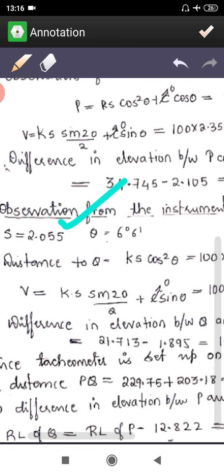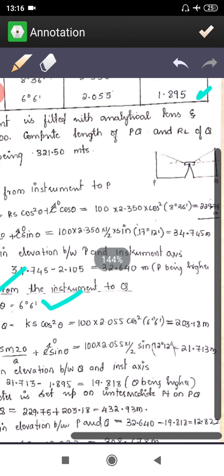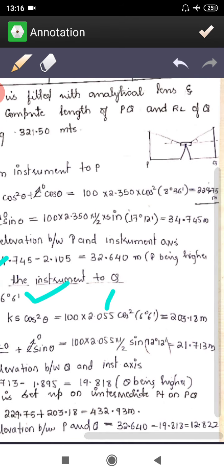S is 2.055 and theta is 6 degrees 6 minutes. So you are going to get the d. First, the d from the instrument station is 100 into 2.055 cos square theta, where theta is 6 degrees 6 minutes. So you are going to have the value of 203.18.